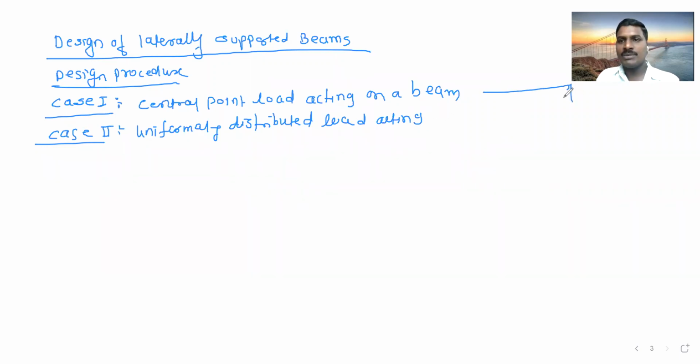So central point load means this condition. Then uniformly distributed load acting on a beam. It means this is your beam and this is the uniformly distributed load.